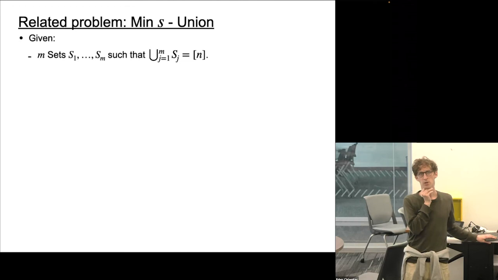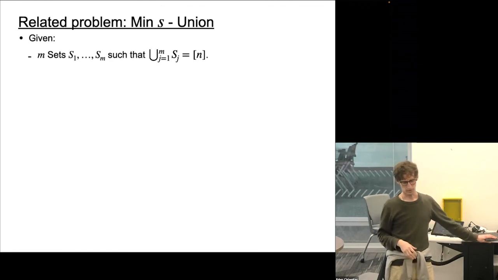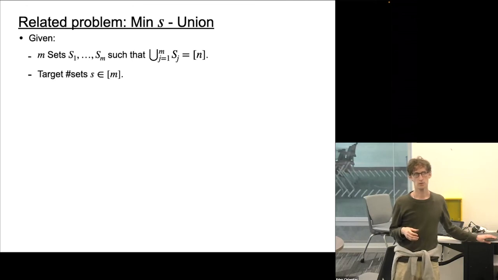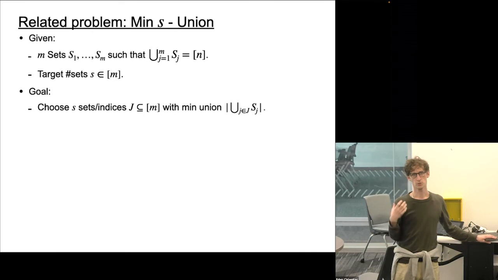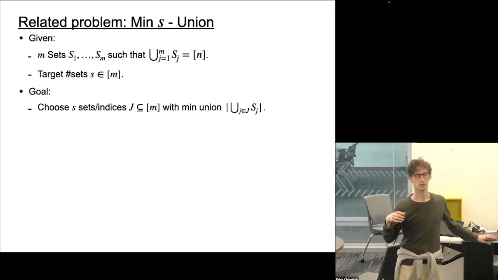This is where you have a set cover instance, a finite set system, and a parameter S. What you want to do is not cover the universe. What you want to do is cover as few points as possible. You want to choose a specific number of sets from the input so that the cardinality of the union is minimized.